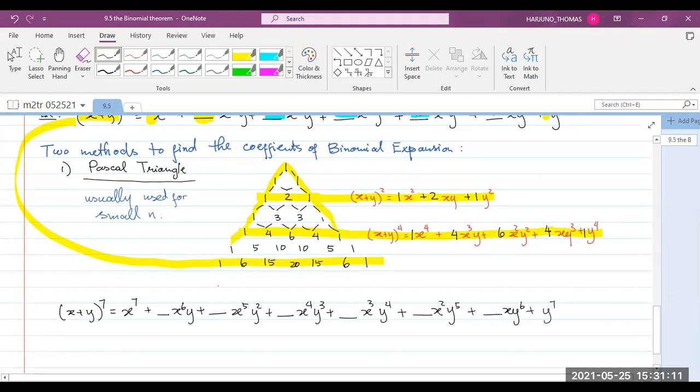And as for the coefficients, let me go one more layer here. So I get 1, 7, 21, 35, 35, 21, 7, 1.